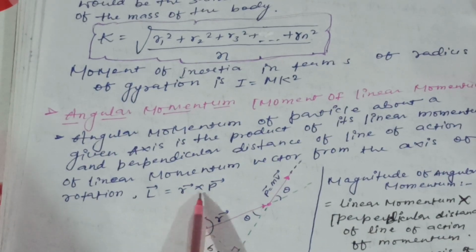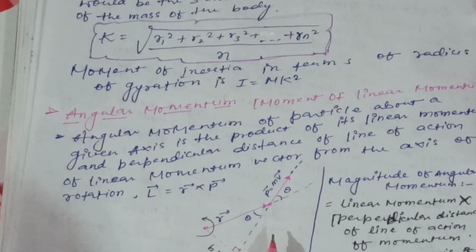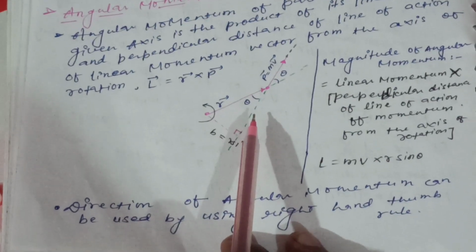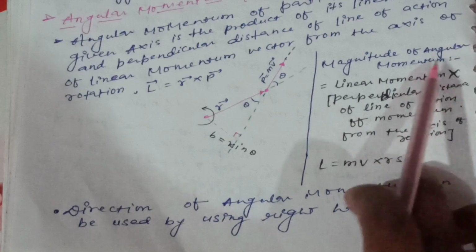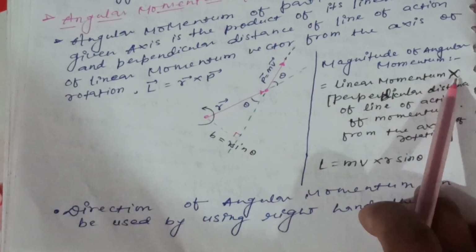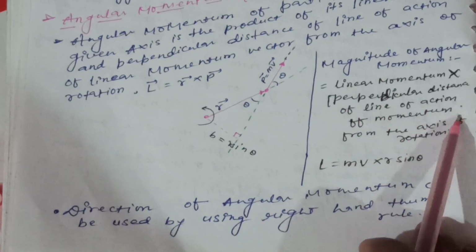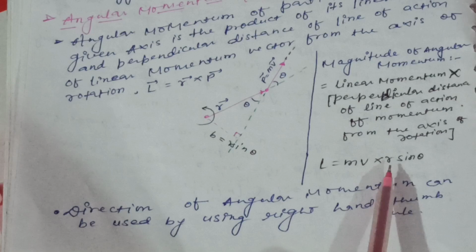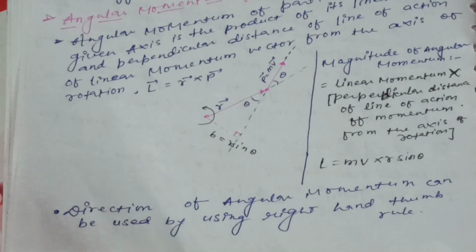L vector is equal to r vector cross p vector. Magnitude of angular momentum: linear momentum into perpendicular distance of line of action of momentum from the axis of rotation. L is equal to mv times r sin theta. The direction of angular momentum can be found by using the right hand thumb rule.